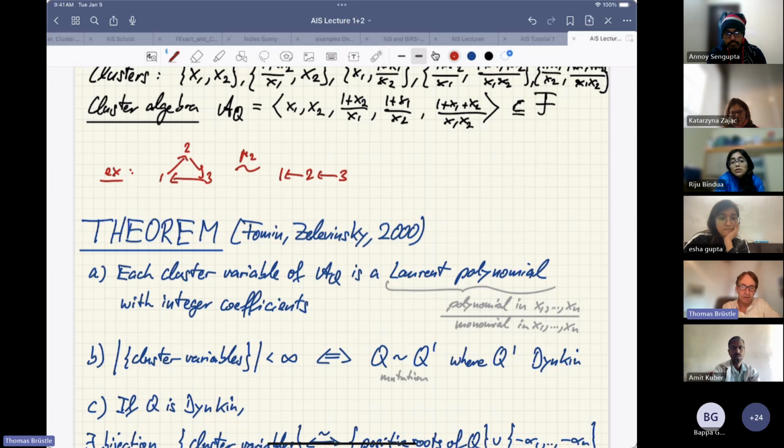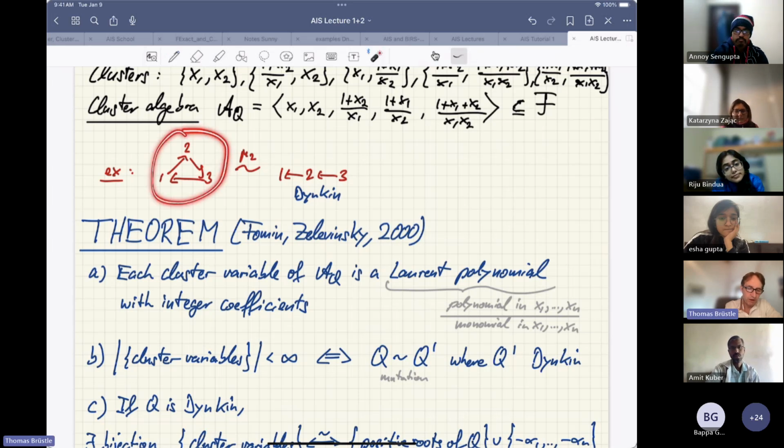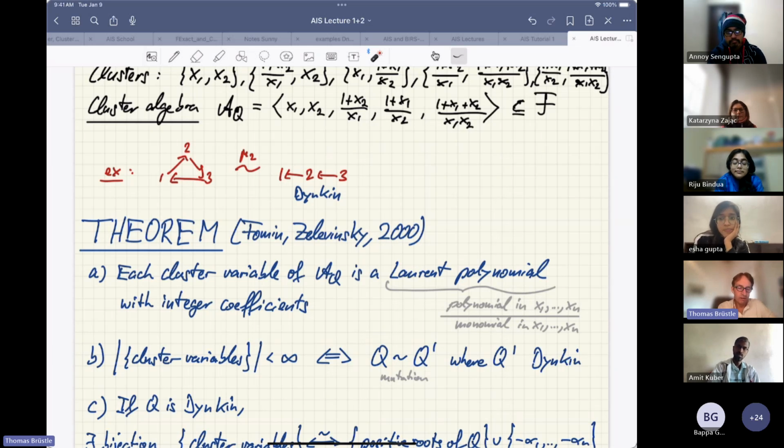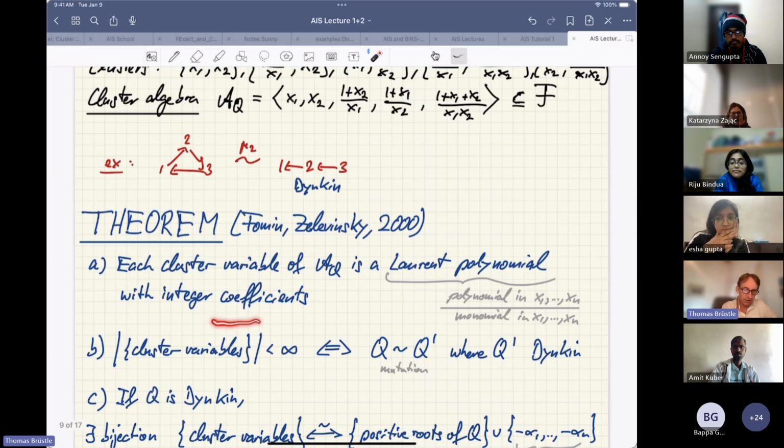And this one is a Dynkin quiver, so that is Dynkin, and therefore the quiver Q prime here defines also a cluster algebra which has only finitely many cluster variables, yeah. So we extend a little bit the Dynkin quiver to the set of quivers which are mutation equivalent to a Dynkin quiver. So in all of those cases, we do get finitely many cluster variables.